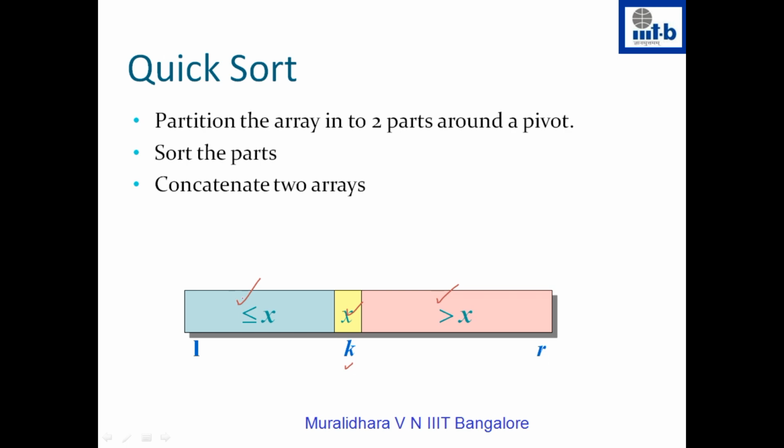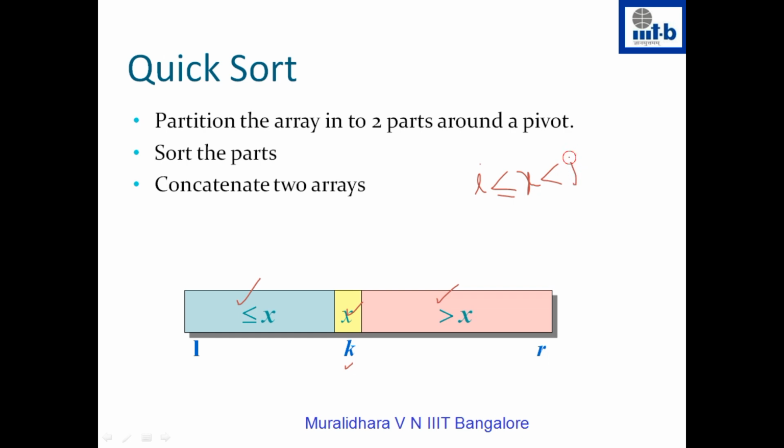So any number here will be smaller than the pivot, and the pivot will be strictly smaller than any element on the right-hand side. If you take an element i on the left-hand side, it will be smaller than or equal to x, because it is an element from the left-hand side. If you pick any number on the right-hand side, it has to be greater than x, which is the pivot.